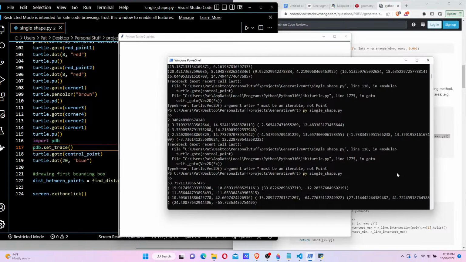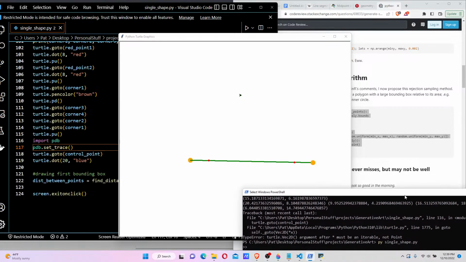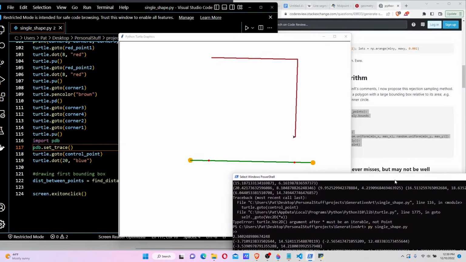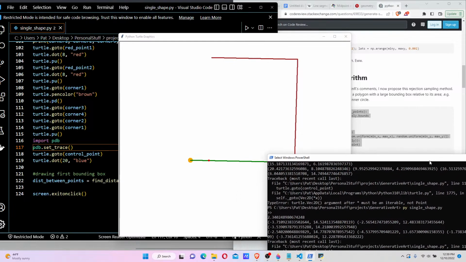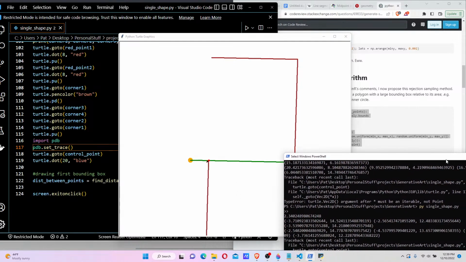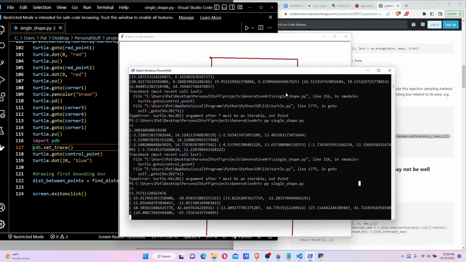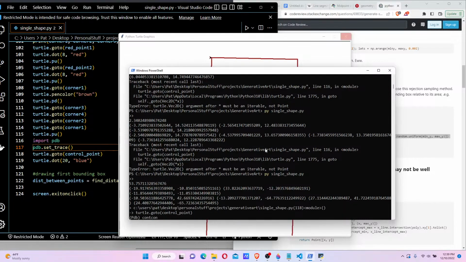So what's control point look like? Okay. Now let's look at it.